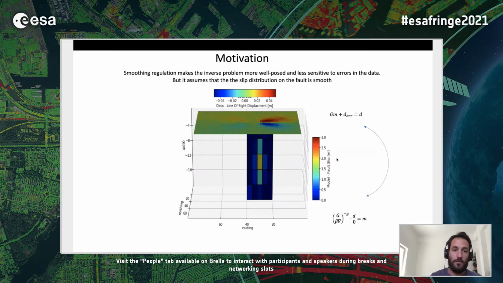One approach of dealing with that problem is adding some smoothing constraint to our slip model. Indeed, adding a smoothing constraint makes the inversion very stable, and it is almost not affected by adding noise to the data. But by adding a smoothing constraint, we are taking an assumption that our slip model is smooth.